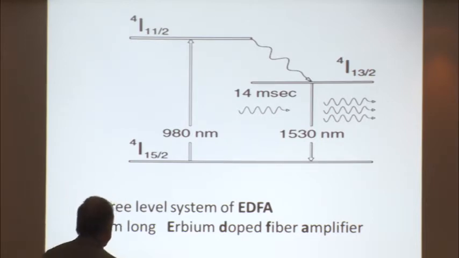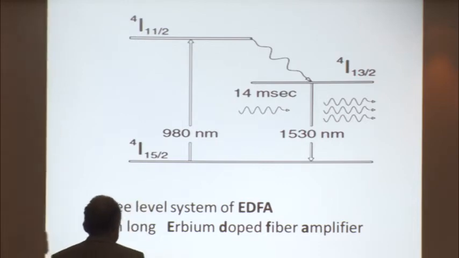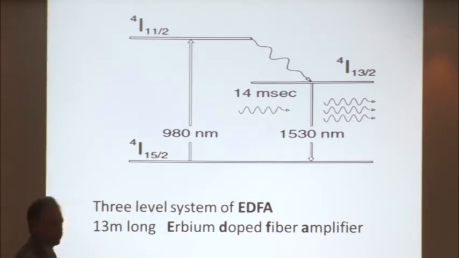The fiber is doped with erbium and is usually called an EDFA. The glass fiber, 13 meters long, for instance, is placed every 30 or 100 kilometers as such an amplifier, and the amplifier works this way.